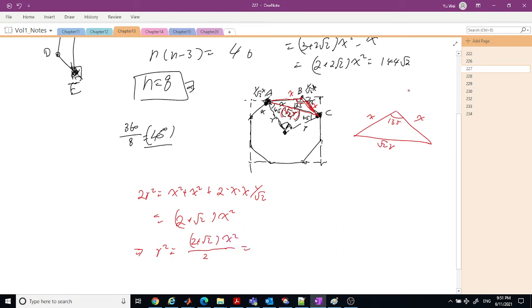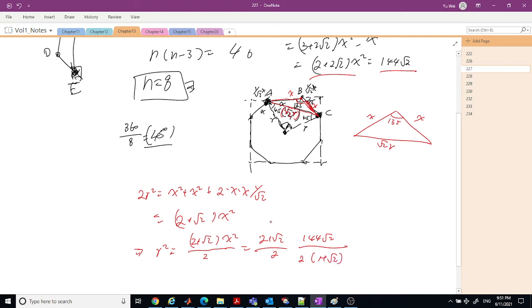Now let's see what is the x squared. Okay, is equal to the root, let's take out the 2 plus root 2 divided by 2, and 144 root 2, and this is the 2 of the 1 plus root 2.